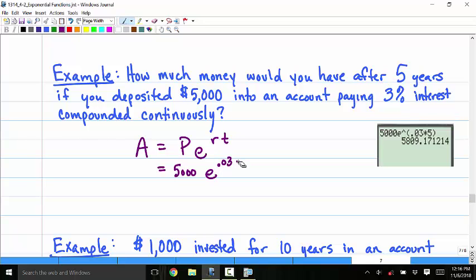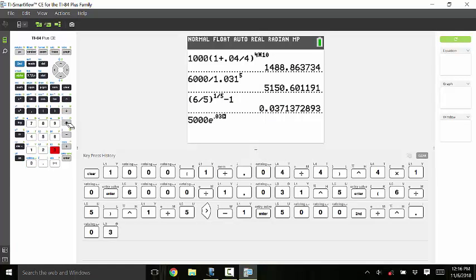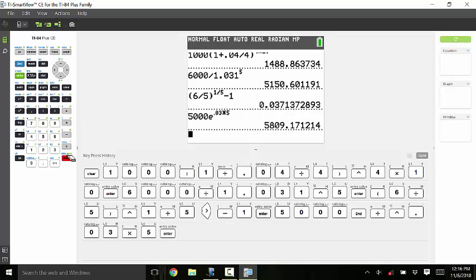And for time, time is 5. On your calculator, you can just type in 5,000 E caret 0.03 times 5. $5,809.17.